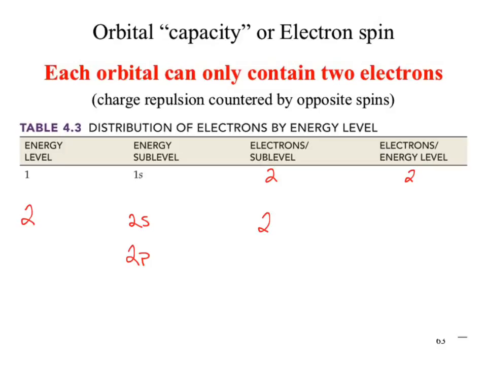How many electrons can I fit in a 2p orbital? 4? Said another way, how many electrons can I fit in a single 2p orbital? 2. How many 2p orbitals are there? 3. Which means in the 2p sublevel, how many electrons can I fit?